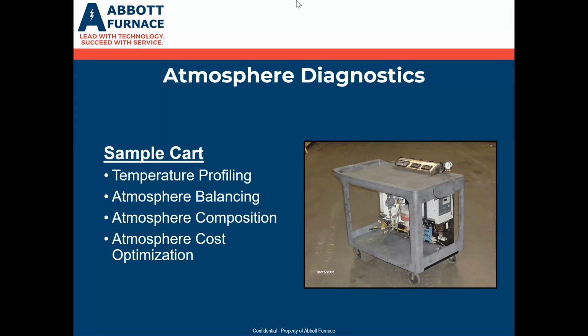And again, we use this to optimize the gases in the correct part of the furnaces where they should be, because the atmosphere and the gases are very expensive. So we want to make sure we're optimizing that and getting you the best amount of work on your product for the cost of the atmosphere.